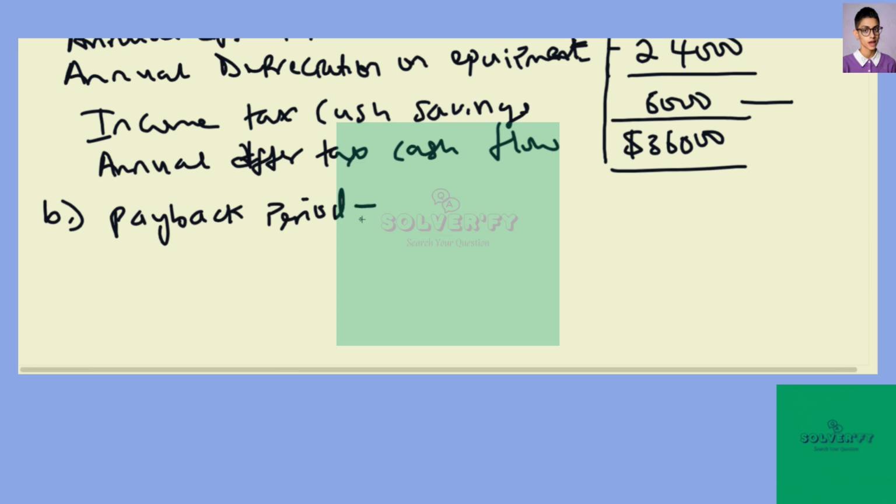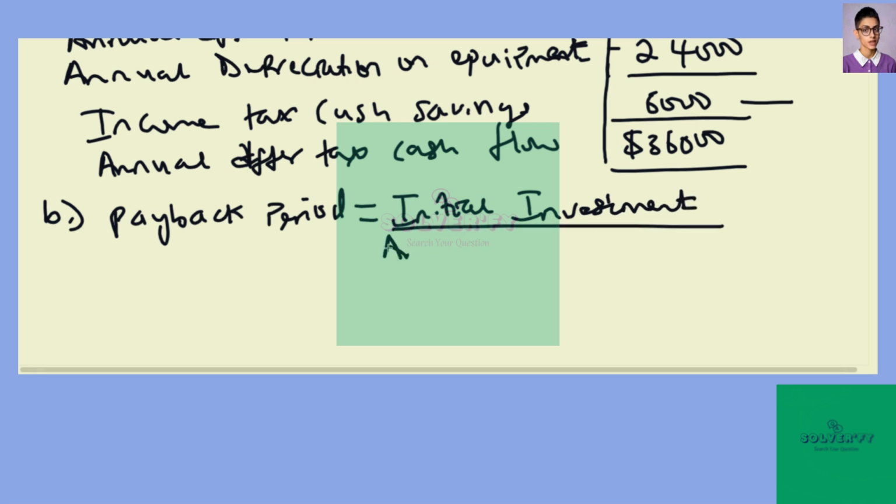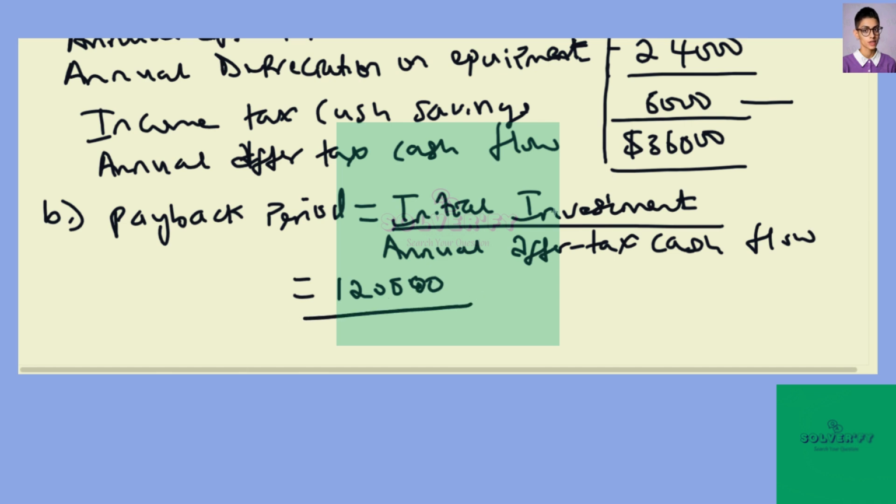The payback period is equal to the initial investment divided by the annual after-tax cash flow. The initial investment was 120,000, and the annual after-tax cash flow is 36,000. So this is equal to about 3 years. The payback period is 3 years.